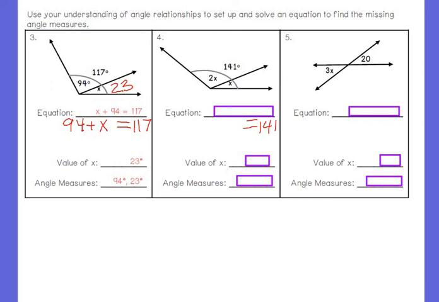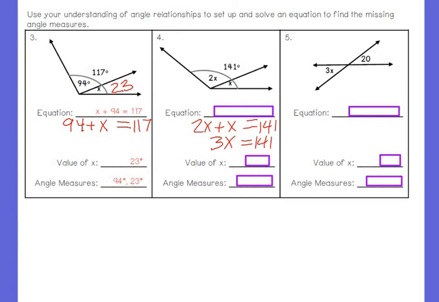What equals 141? 2x plus x. Well, what should I do with simplifying that? Have I combined all like terms first? 3x equals 141. Now it's ready for me to solve.